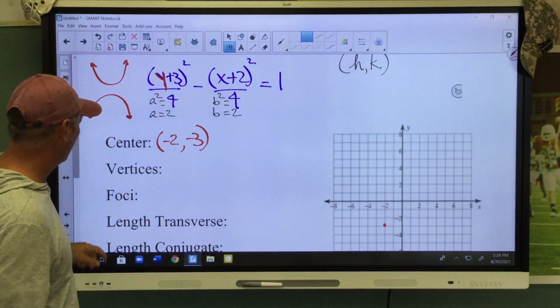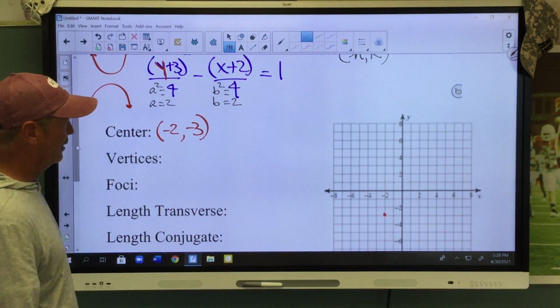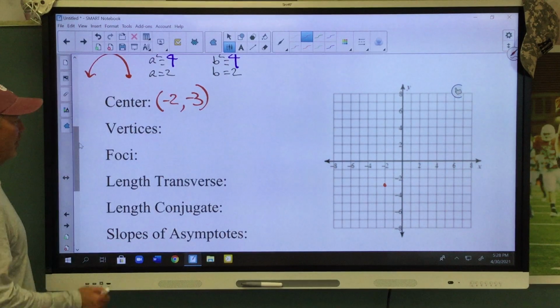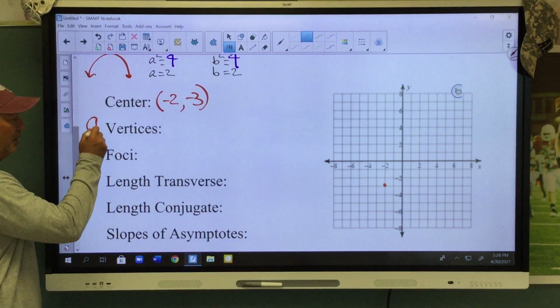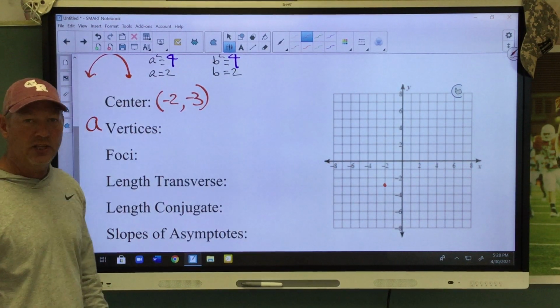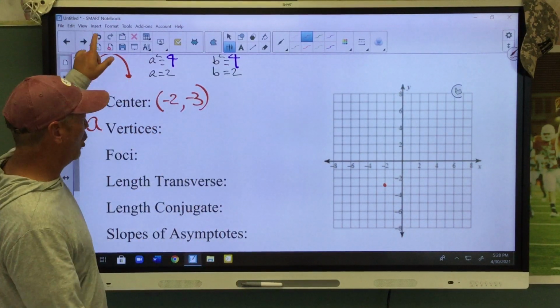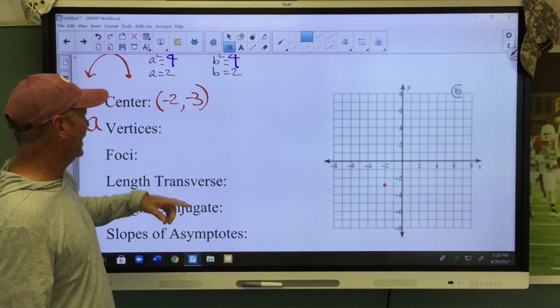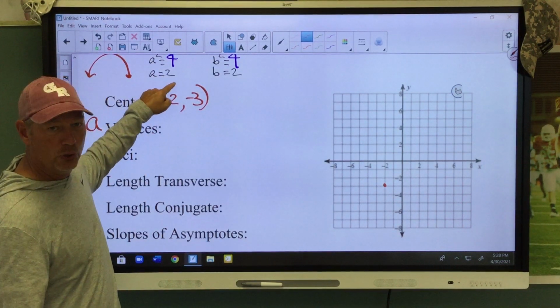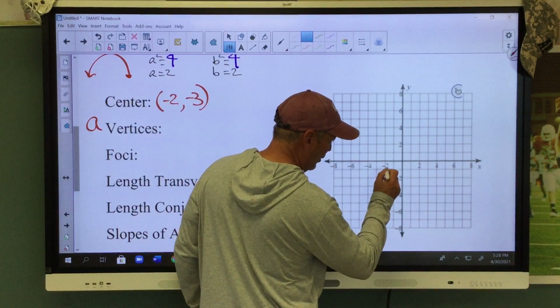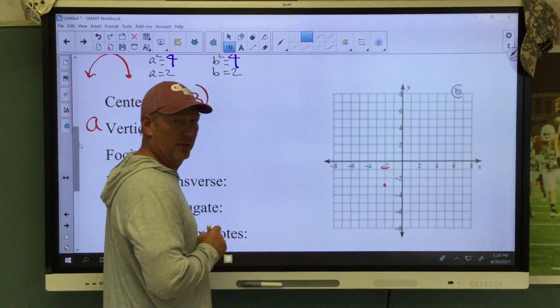Okay? So now we're going to find our a value because it's going to take us to our vertices. Just like an ellipse, the a value will take you to your vertices. Okay? We know we're going to open up and down, so we're going to count up 2. My a value is 2. So we're going to go 1, 2, and put a little curve to start.